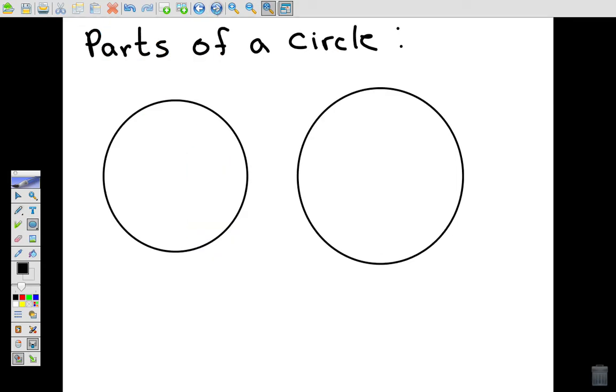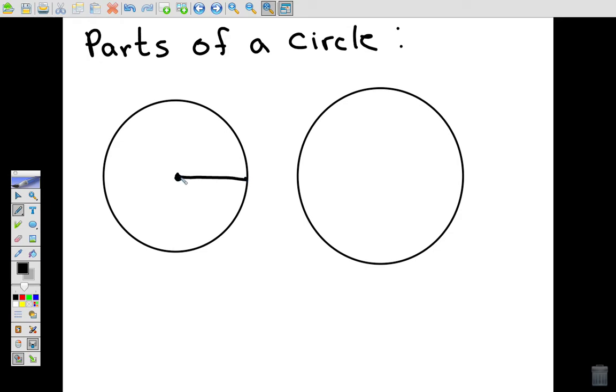Now let's talk about a couple of diagrams here of a circle. There are some parts here that you need to be familiar with. I have two circles here. In the first circle, the one to the left, I'm going to put a dot in the middle. Let's talk about that segment, the part that connects the center of a circle to the edge of a circle.